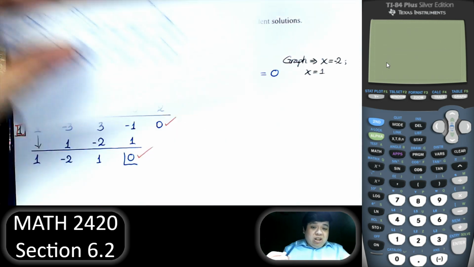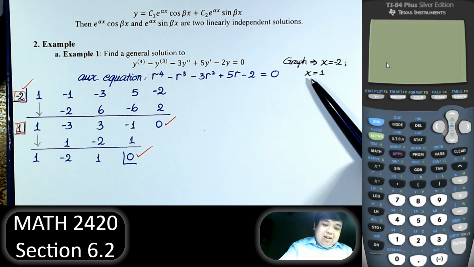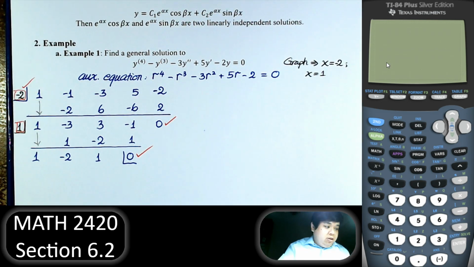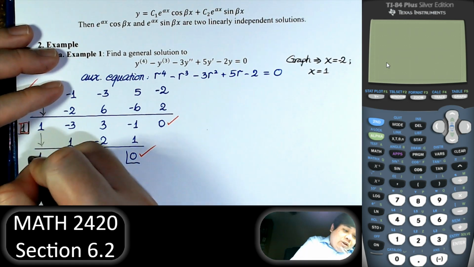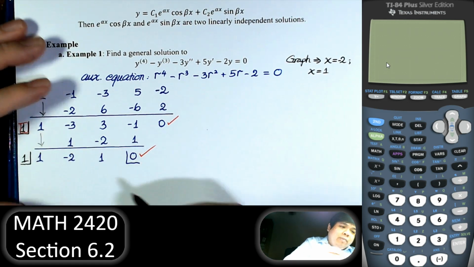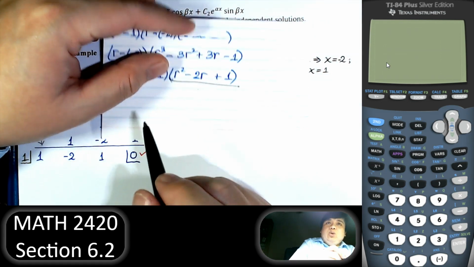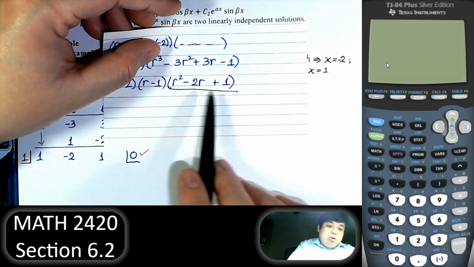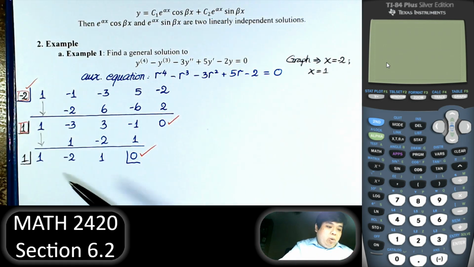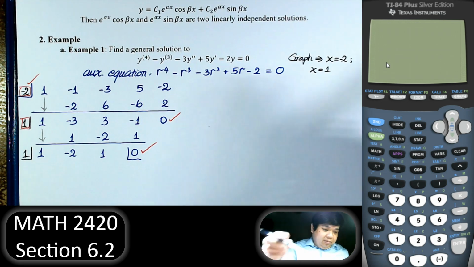Now, because we suspect that 1 is a multiple root, we might continue dividing by 1. By the way, we could use the quadratic formula or factoring to solve this, but I'm going to keep rolling with synthetic division.